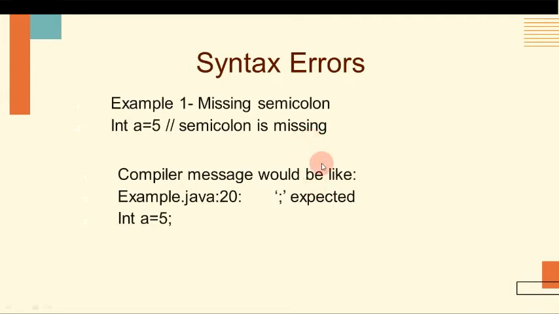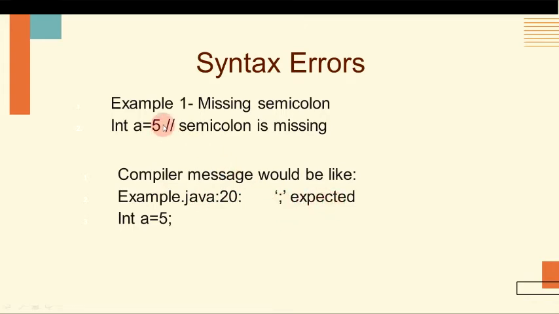First one, syntax error. This is a common error we encounter in the program. Example, here int a = 5. What is missing here? Here the semicolon is missing. And if you don't use the semicolon, what will be the error shown on the output screen? The compiler message would be like example.java:20 ';' expected.